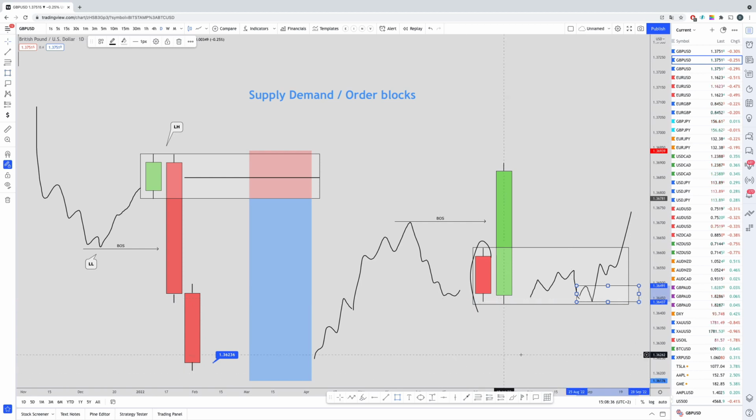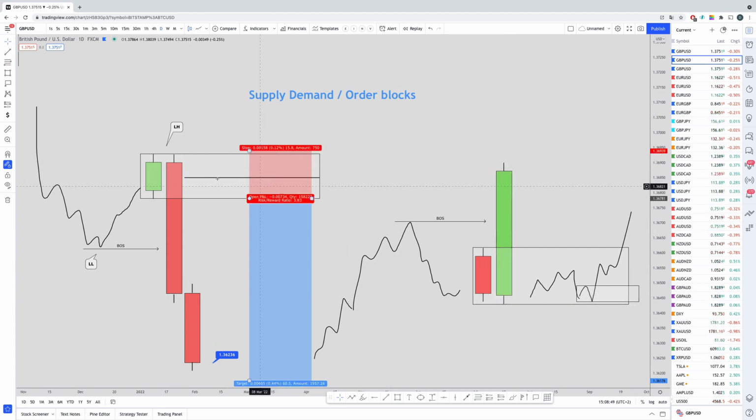Okay, so you should always understand that the theory about supply and demand is, on a demand zone, the last down movement candle before the strong up movement occurs, on the supply zone, the last up move candle before the strong movement to the downside will occur. Okay, that's the exact rules of it.